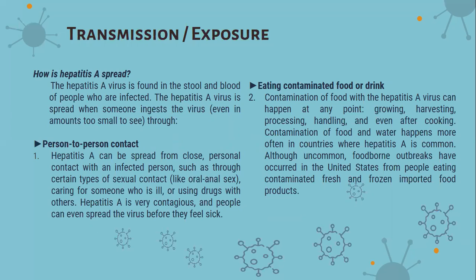So, paano nga? Number one is person-to-person contact. Kaya nga sinabi ko kanina na it is highly contagious kasi makukuha mo ito kapag you have contact with the infected person na may hepatitis A virus.